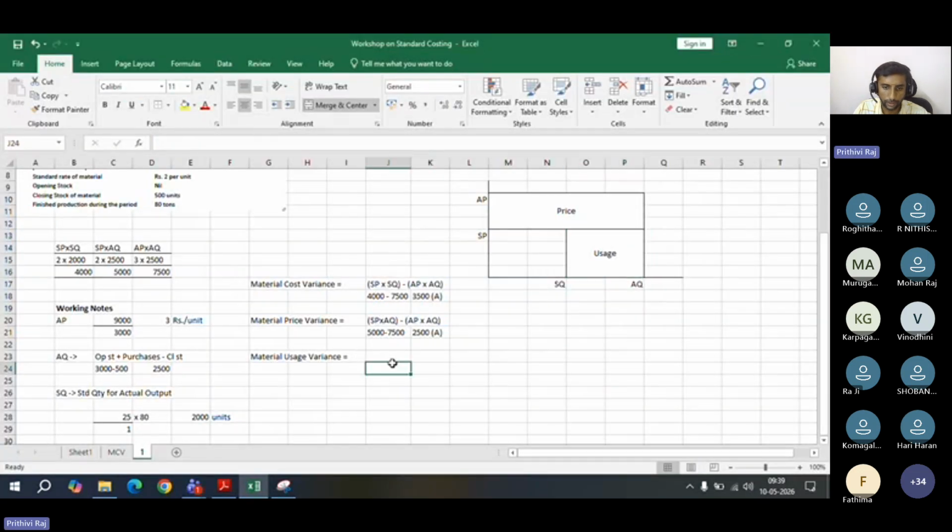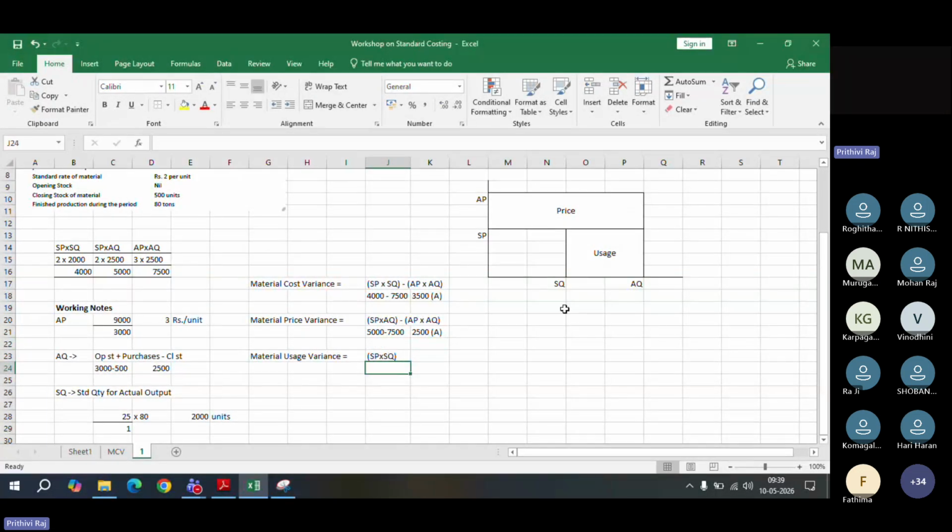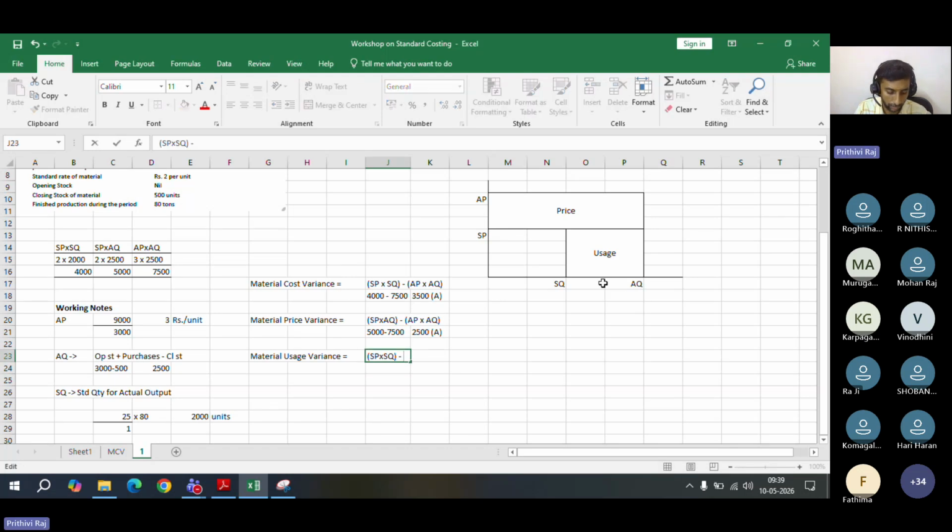So now just take the value from this table. SP into SQ is 4000 minus SP into AQ is 5000. That's 1000 adverse. Okay, that's all. The sum is completed.